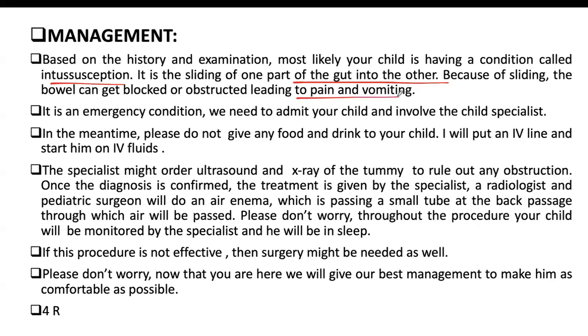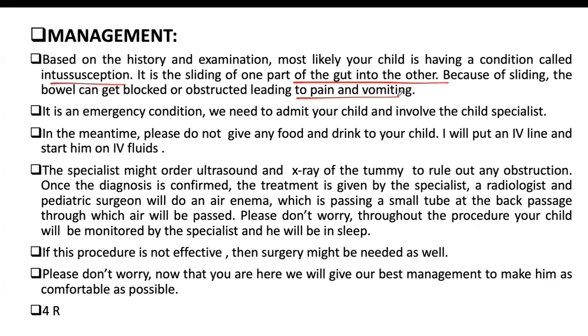Your child can't say that he's in severe pain, so that's why you will see that during the screaming episodes, he tries to alleviate the pain by bringing his knees to the chest. And sometimes you might also see that he's clenching his fist, and that actually means that he's in severe pain.